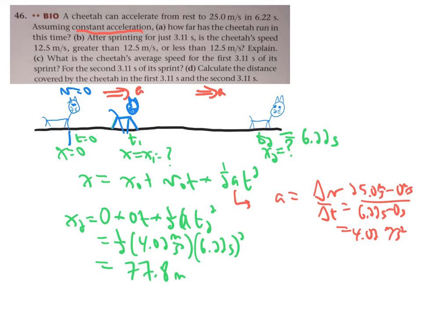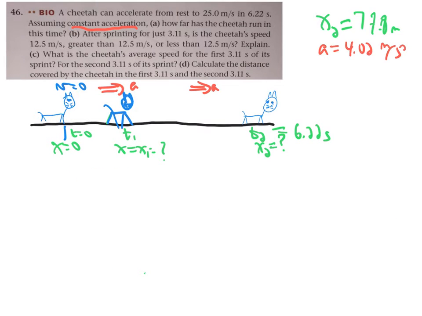So in 6 seconds it covers about 2/3, or actually 3/4 of a football field, which is fast. Okay, part B. After sprinting for only 3.11 seconds, or exactly half the time, is the cheetah's speed exactly 1/2 its final speed, greater than that, or less than that?